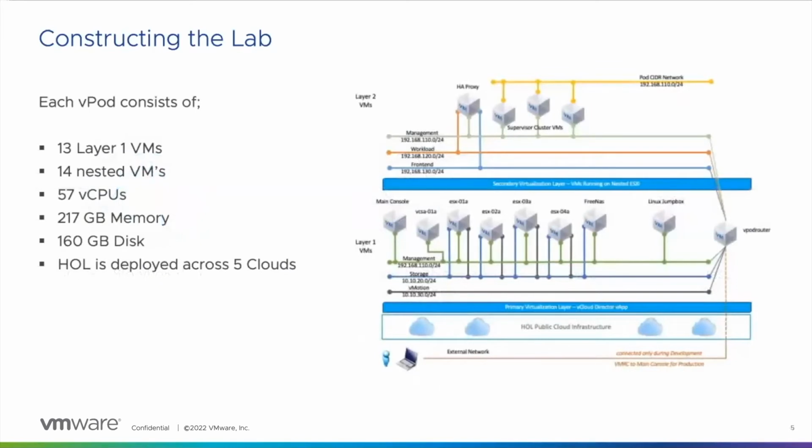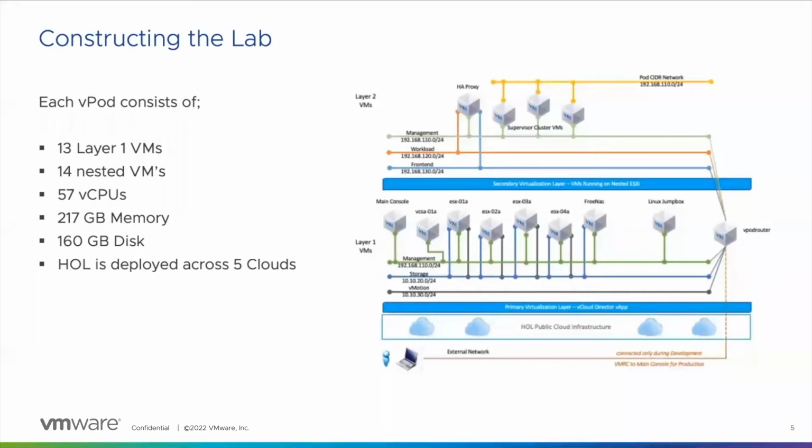The vPods are created using vCloud Director, and here we can construct the required networks and install virtual machines. The environment consists of Layer 1 and Layer 2 virtual machines. Layer 1 machines are running directly on ESXi physical hosts, and the Layer 2 virtual machines are running on ESXi virtual hosts.